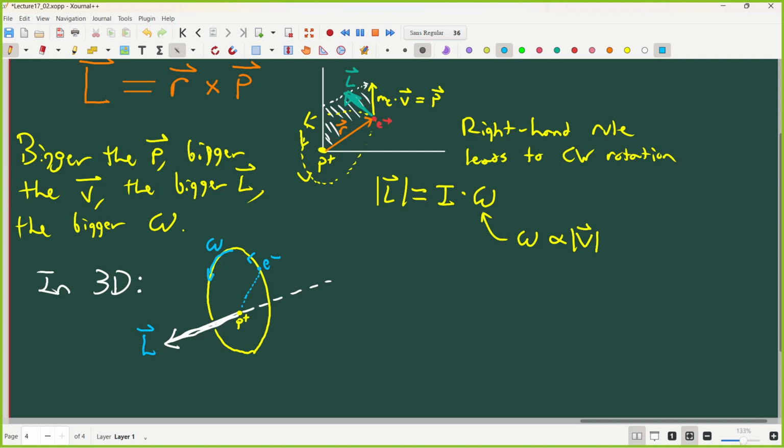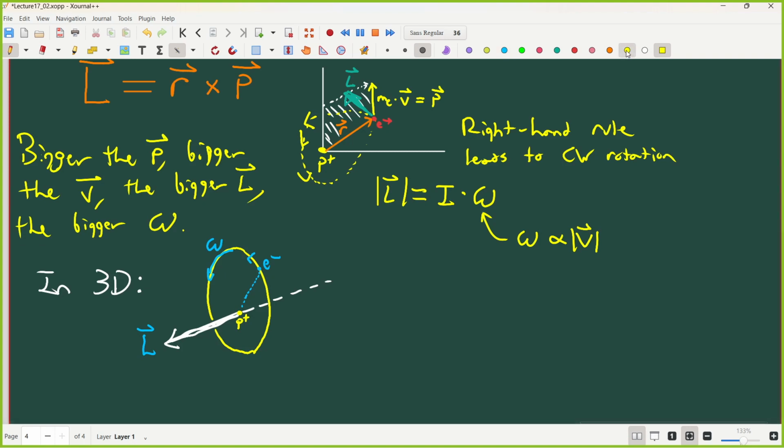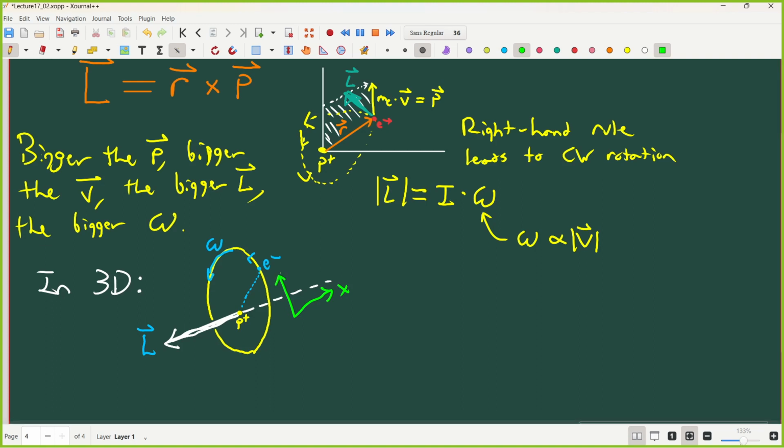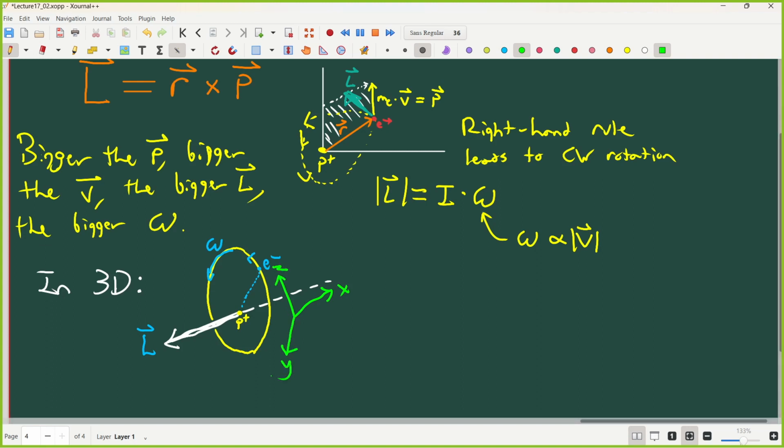So I can just randomly draw my coordinate system here. It doesn't really matter how I draw it. Maybe this is the coordinate system for the proton, or what we call the laboratory axis system.